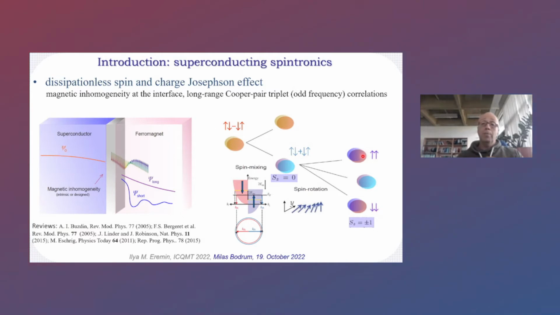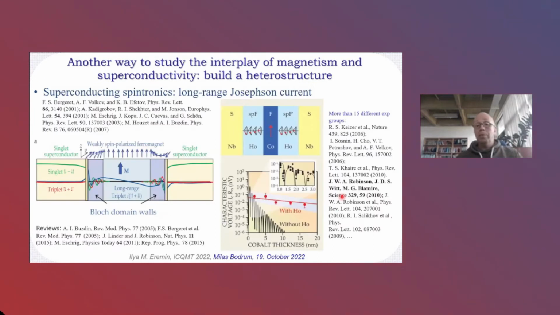The spin polarized component will be insensitive to the magnetization in your ferromagnet and can penetrate to a large distance. This has been theoretically predicted and also experimentally realized, and a number of groups are working on this field.